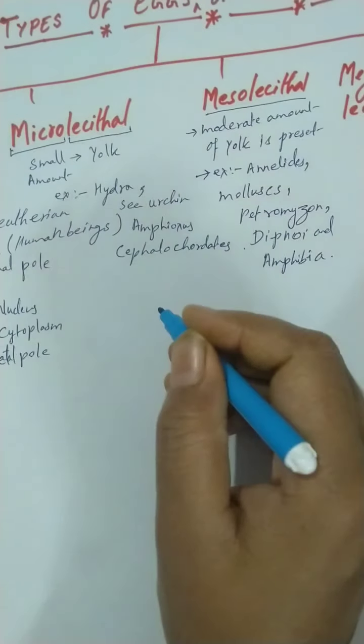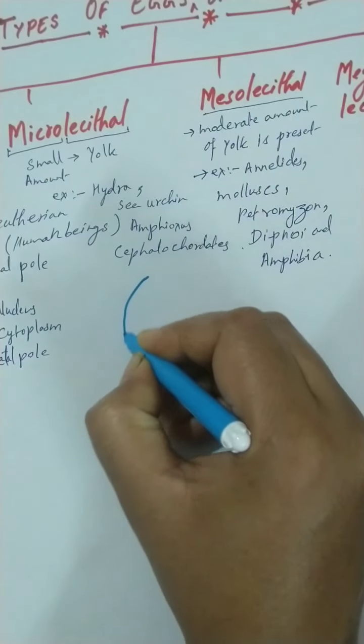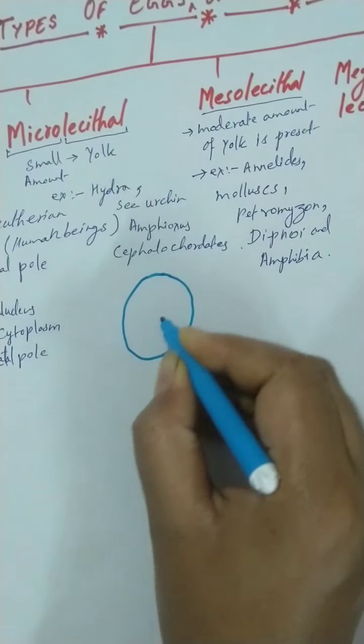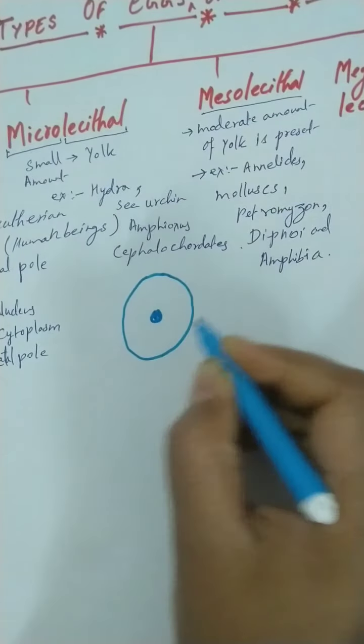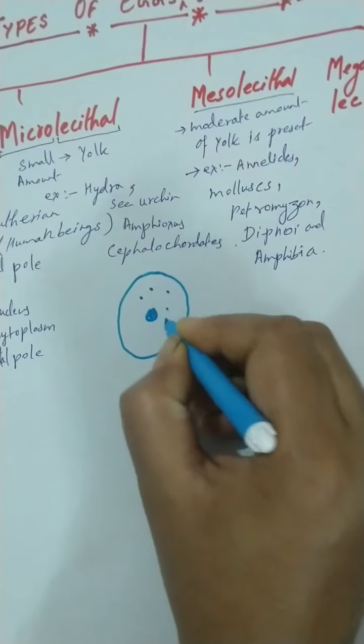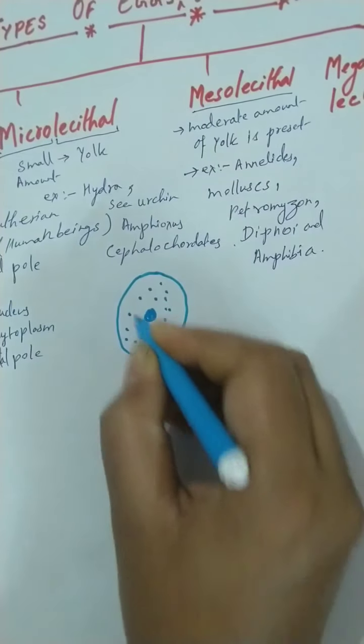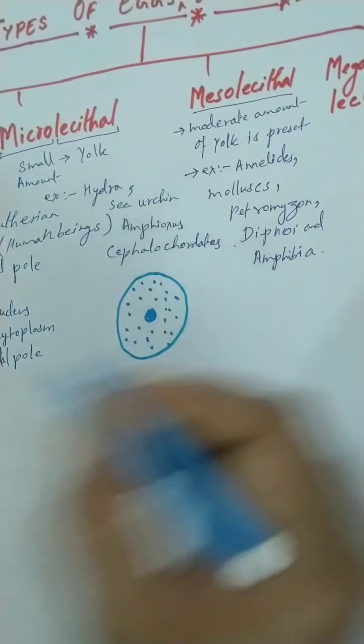Now, first of all, the diagram of microlecithal eggs. This is the egg. This is the nucleus. This is the cytoplasm.